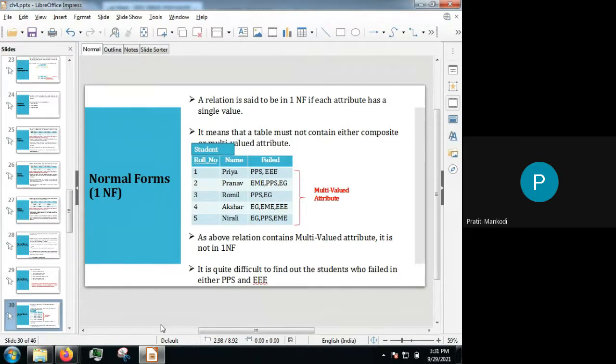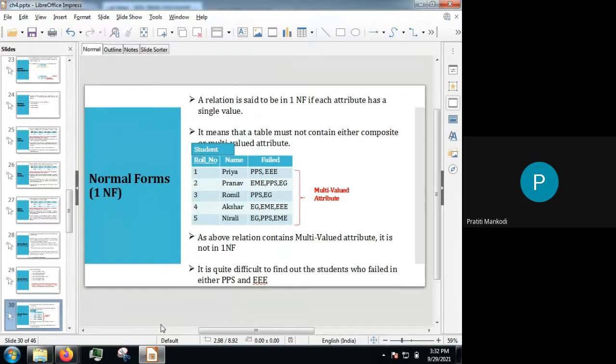Yes, in the ER diagram it was allowed, right? But that ER diagram is for theoretical and understanding purposes, that this may have multiple values. You are allowed to have multiple values, right? But your 1NF says, your RDBMS says you should not have multiple values.